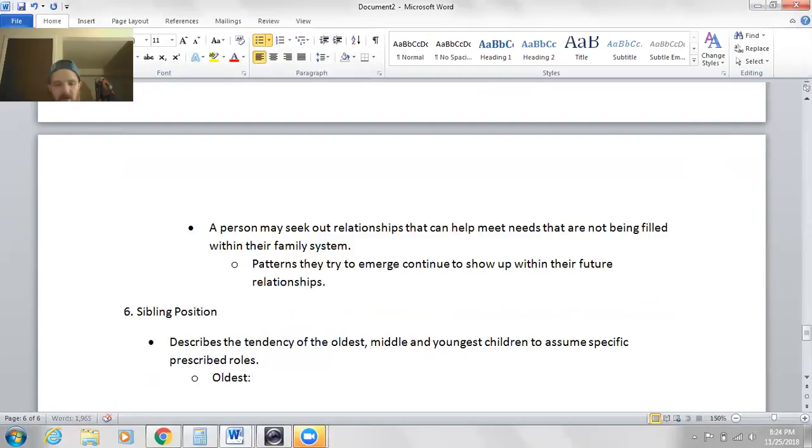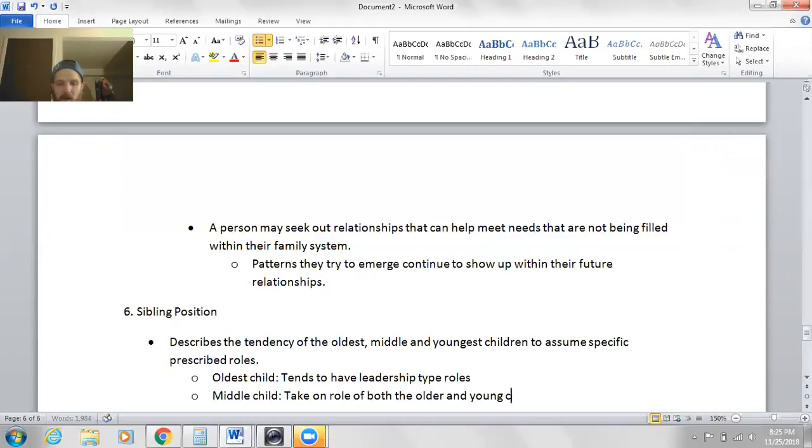However, the oldest child typically tends to have leadership type roles. And then the middle child looks to take on roles of both the older and younger child.